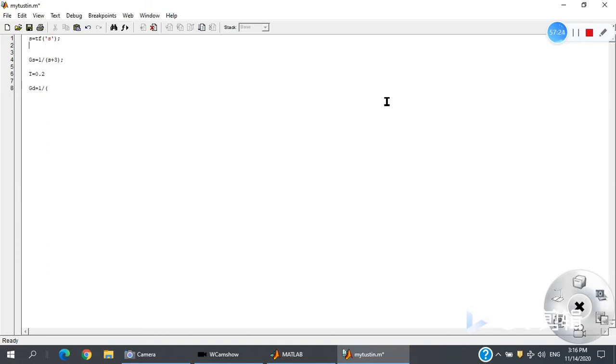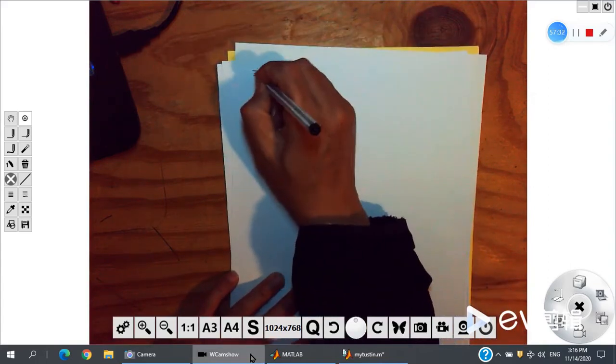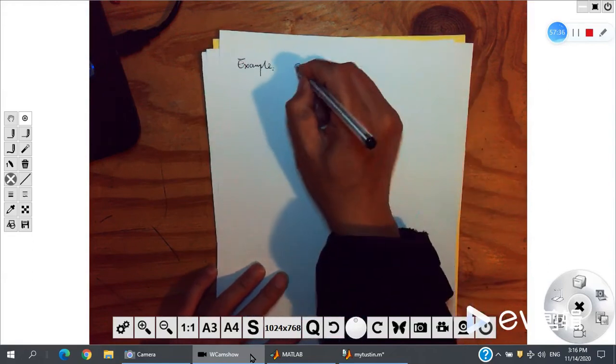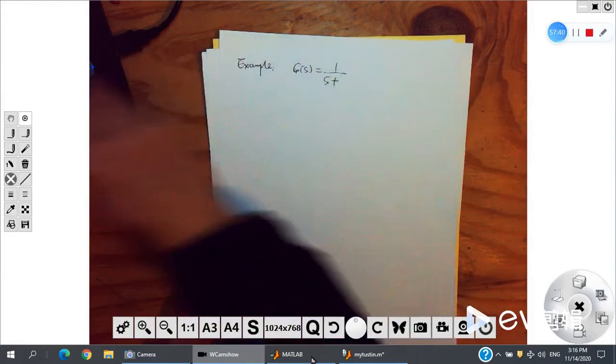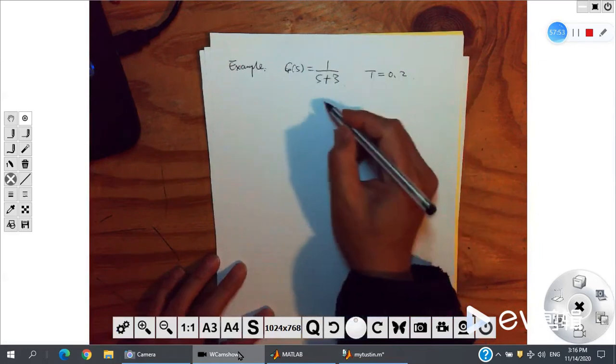Oh, this is continuous, I forgot, maybe I don't have it. Okay, let me write something. Example: G of s is 1 over s plus 3. T equal to 0.2. Okay, I have this one.